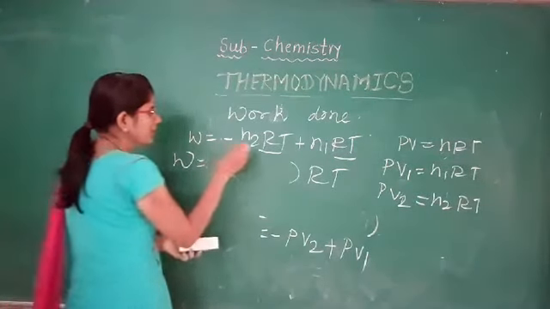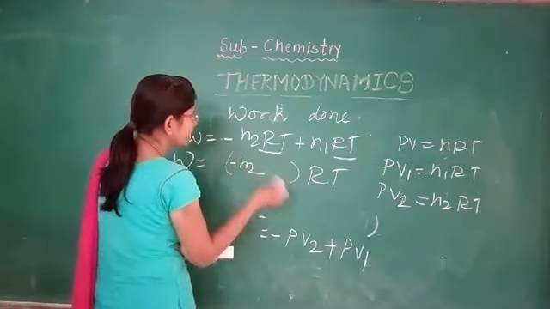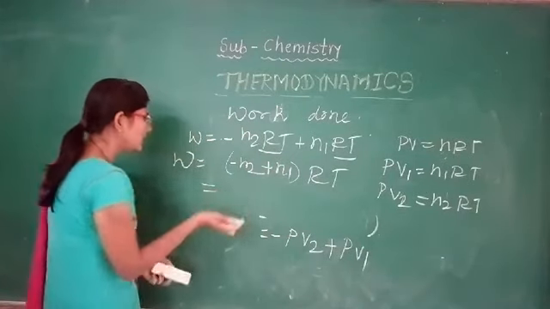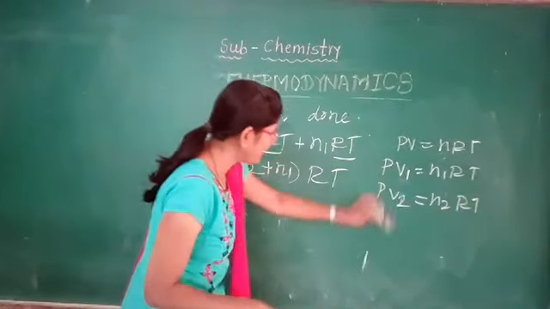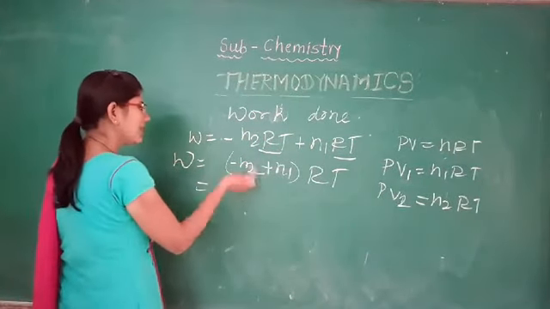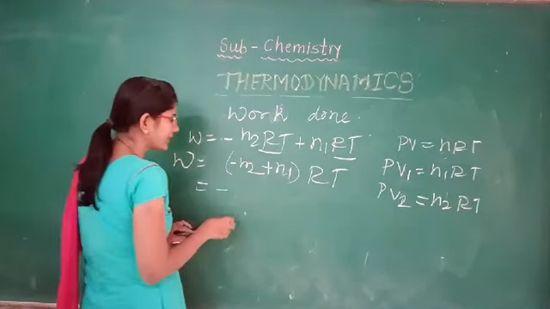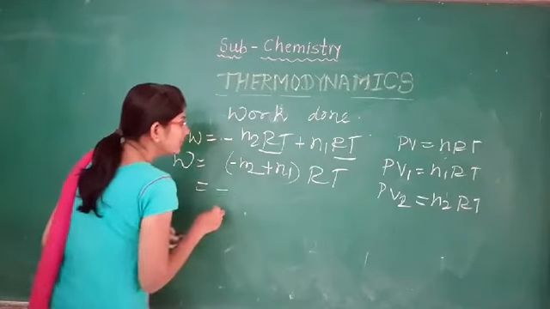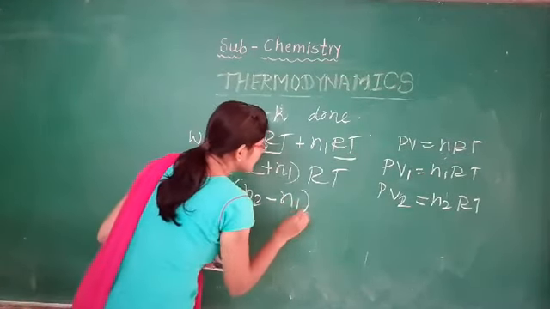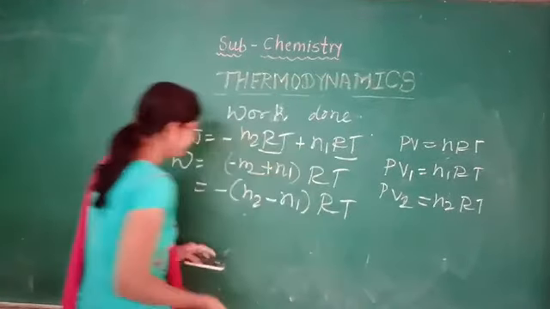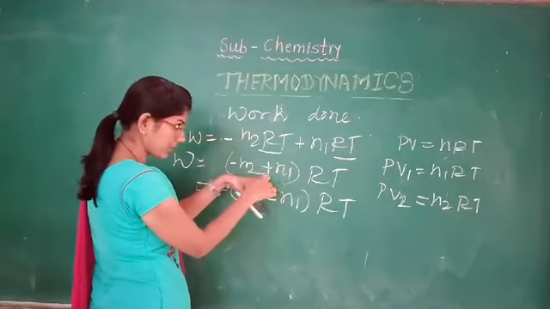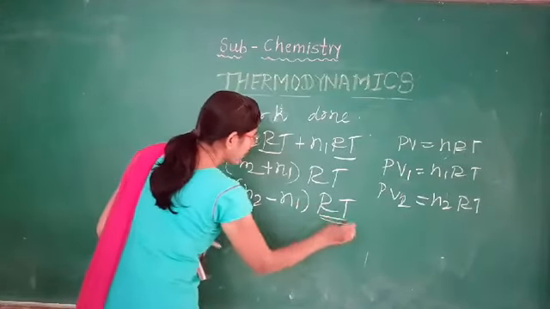It becomes minus (N2 minus N1) RT. If we take the minus sign outside the bracket, RT is common.